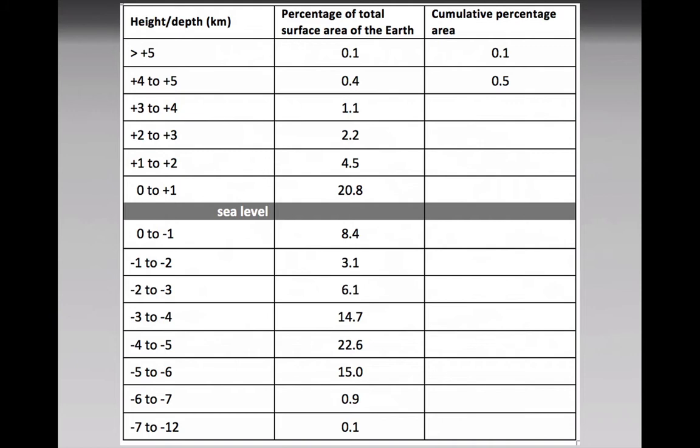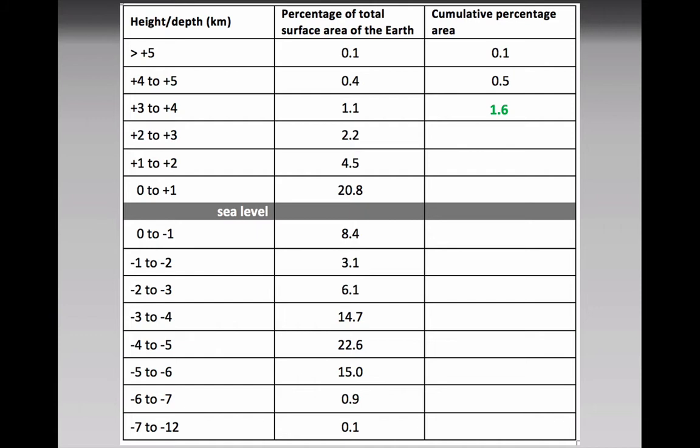If we look at the next value, it's 1.1%. So the cumulative percentage area, in other words the percentage of the Earth's surface that's higher than 3 kilometres above sea level, is going to be 0.5 plus 1.1, which gives us 1.6%.